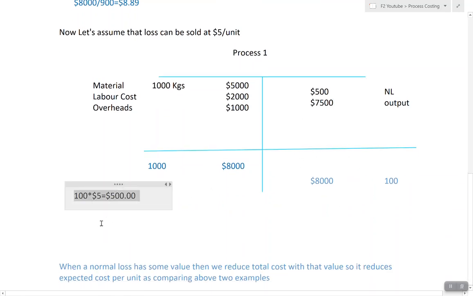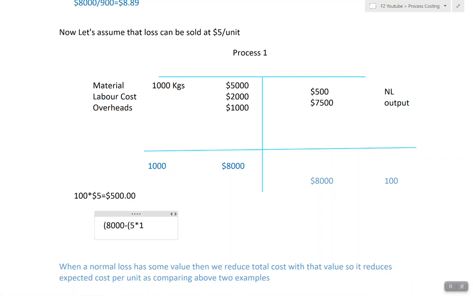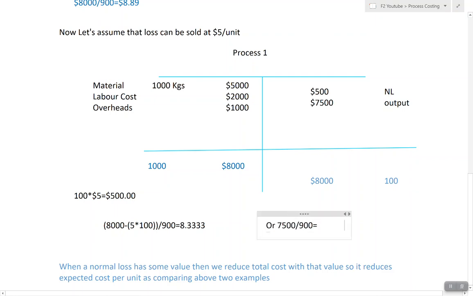Now if you look at the cost of a product, it is 8,000 minus normal loss, divided by output, let me put another bracket, it becomes 8.33, or you can simply take the 7,500 divided by 900.